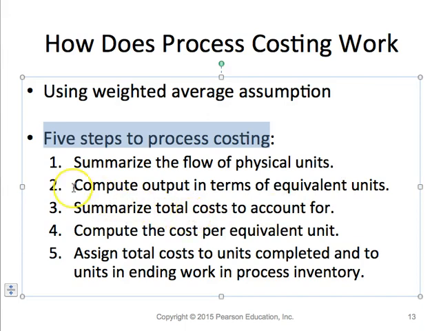Then we're going to compute output. We're going to summarize total cost to account for. So I'm going to put the total of the raw materials units, and then you're going to put a total of equivalent units to see how many is total. Then you're going to compute the cost per equivalent unit. And then you're going to assign total cost to units completed and to units in any work in process inventory. If it's not the finished goods, it'll be work in process inventory.